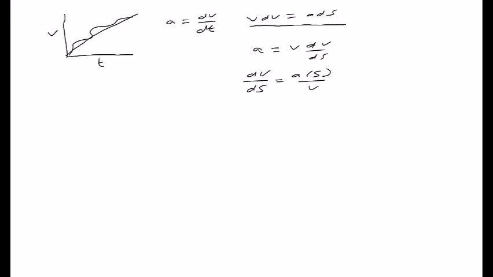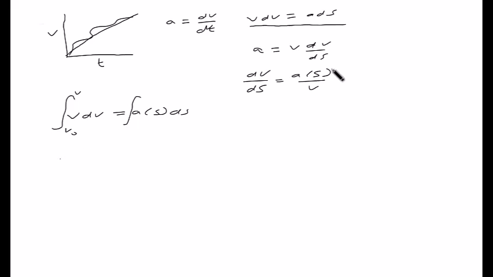So acceleration is changing with respect to displacement based on its position. Rearranging this, we have v dv is equal to a of s ds. This is to be integrated, so this might be between v0 and v, and this might be between whatever limits it is, but it's the acceleration over displacement. So this is very simple to integrate.